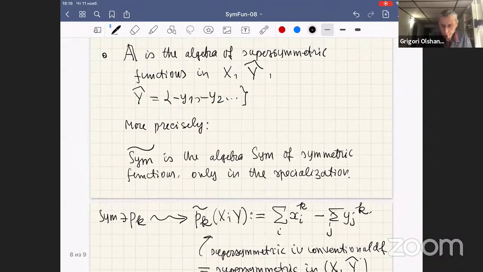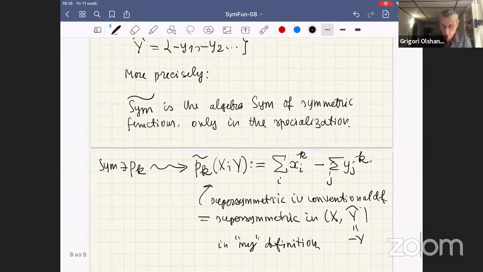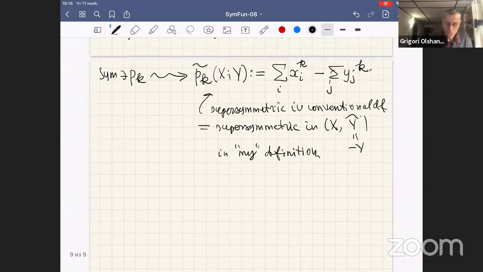So the claim is now as follows. The proposition is as follows.